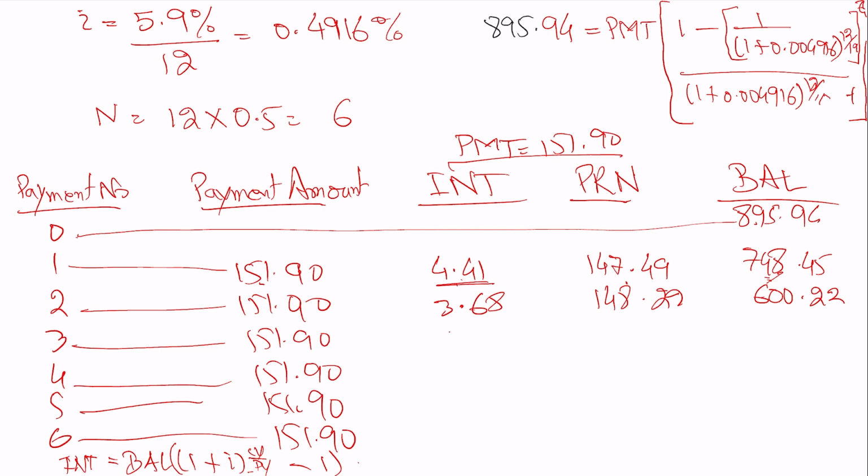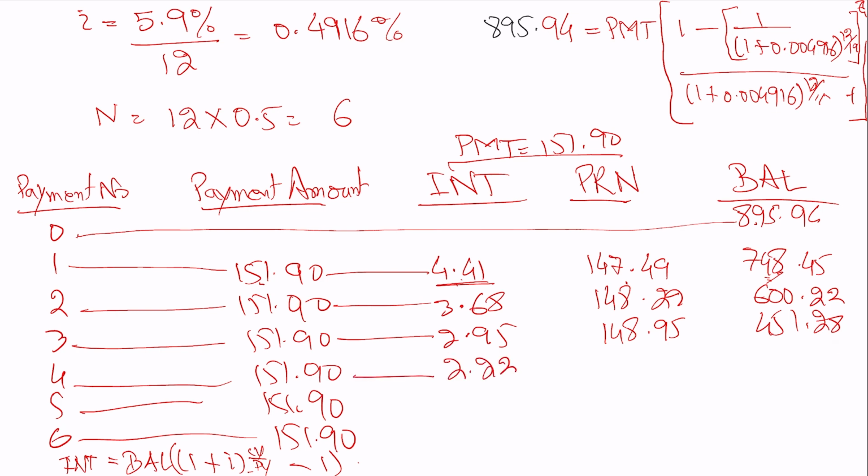Similarly, we apply the same with the 600.22 balance, and this PRN is going to be 148.95, so the balance is 451.28. Then we have 2.22 with the same formula, and this PRN is going to be 149.68.